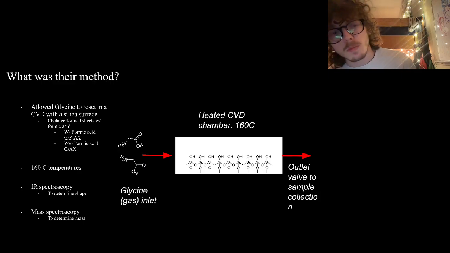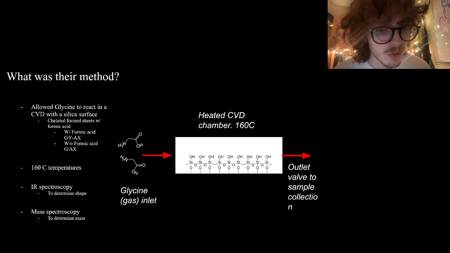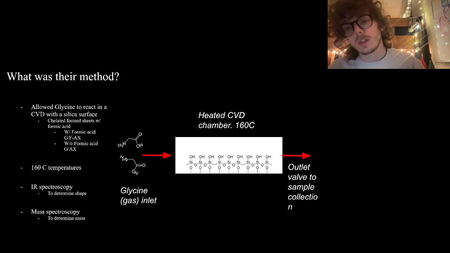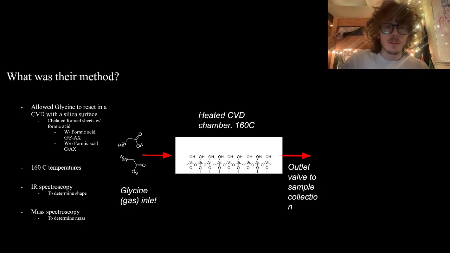They used formic acid as a chelating agent to get the adhered polymers to release themselves from the silica surface. The formic acid basically swaps places with the oligomer, and it's going to let it go out of the outlet valve to sample collection.